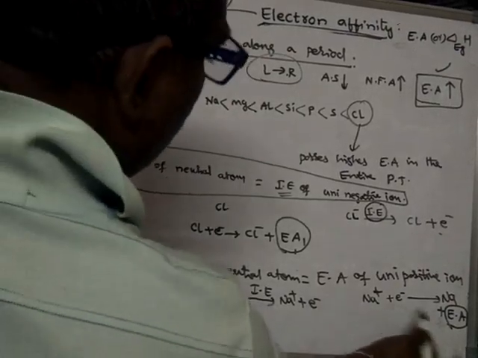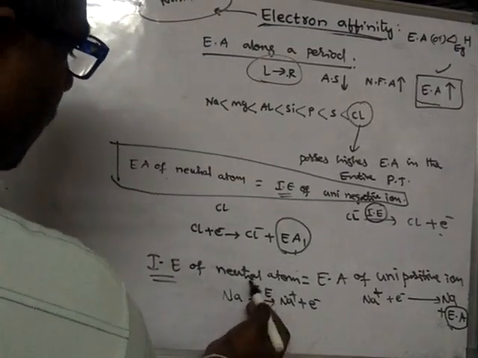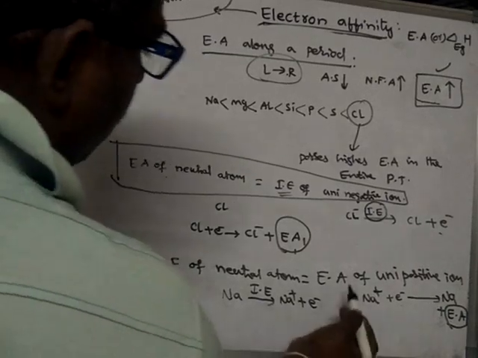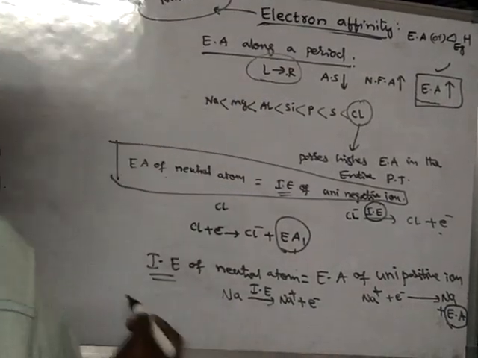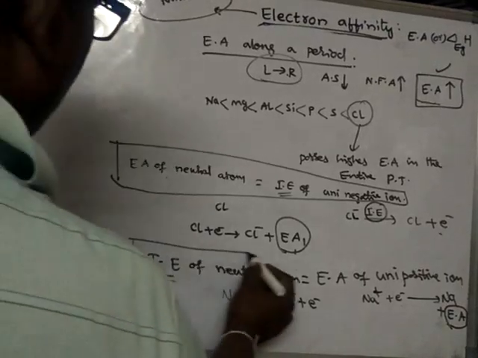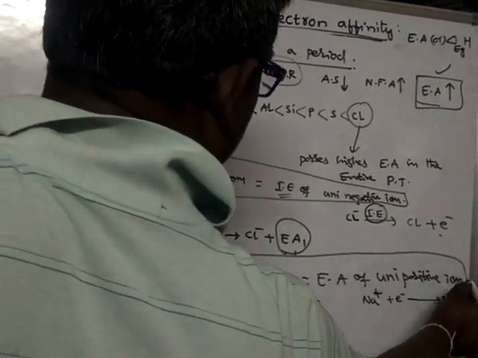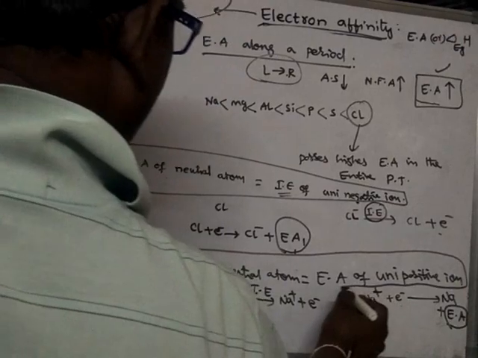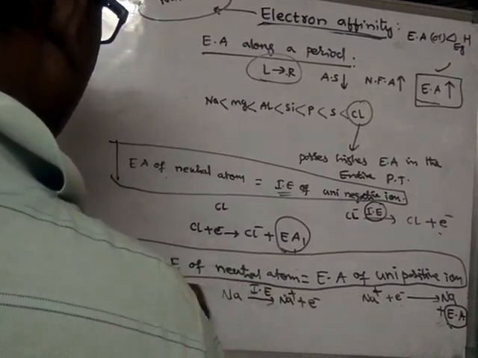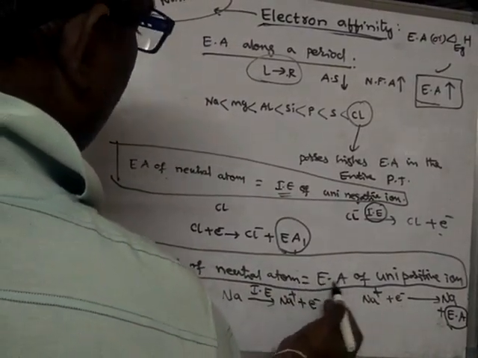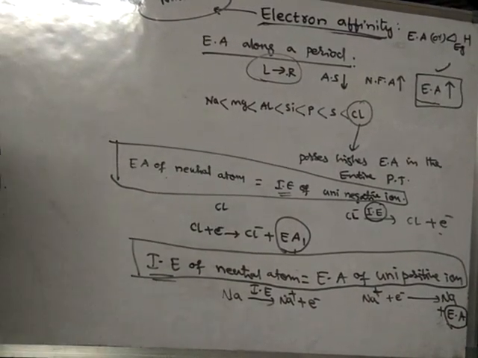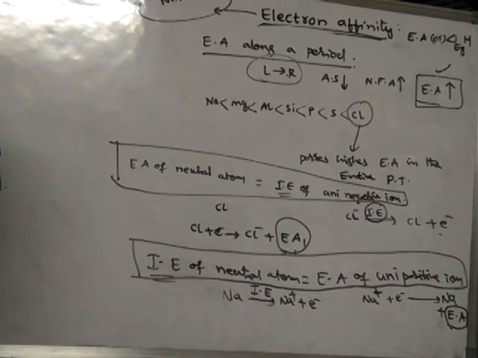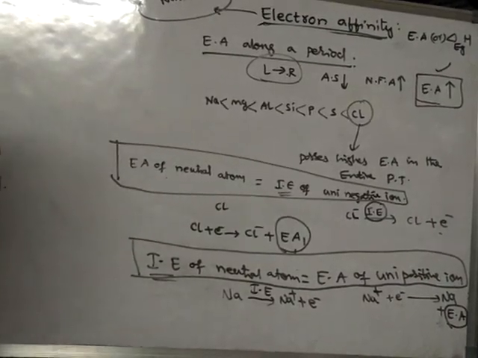The energy absorbed in one process is exactly equal to the energy released in the other. So the ionization energy of neutral atom will always be equal to electron affinity of unipositive ion. In this way we can learn about electron affinity.